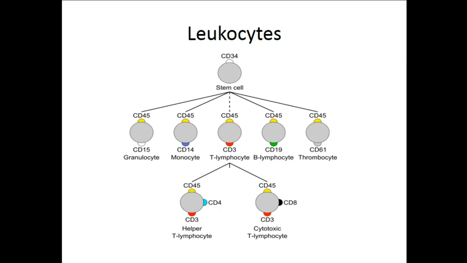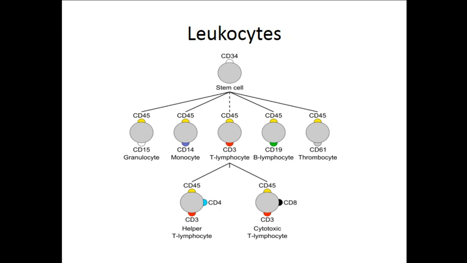This concept is also used in flow cytometry. So for instance, if I want to identify leukocytes, the one receptor that is highly expressed in all leukocytes is CD45. So in order to identify all leukocytes, what we need to do is to develop an antibody that will bind to CD45.